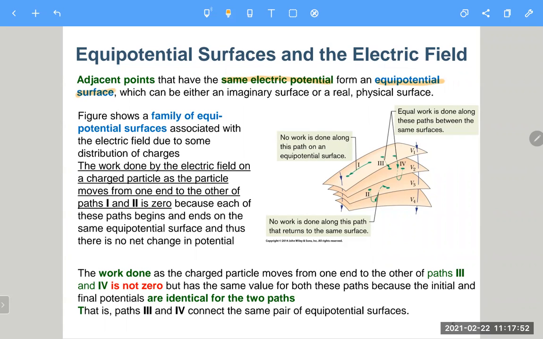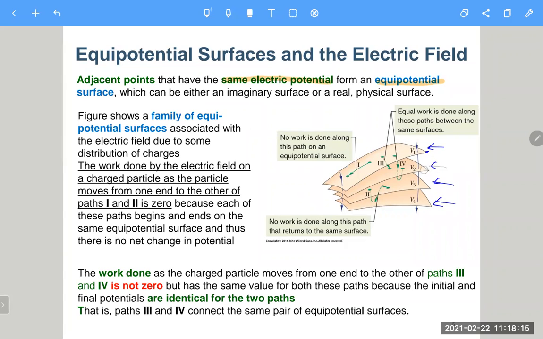Suppose these 1, 2, 3, 4 are four equipotential surfaces, which means that for this one, all the potential on this surface is V1.